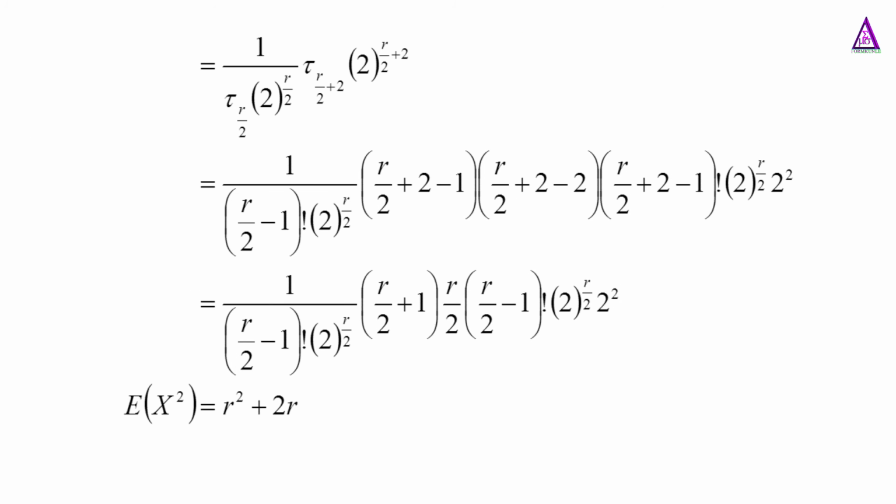Everything inside the integral here gives us this, and we need to expand it in the form of factorial, and that's the reason why we have obtained this equation. After we solve all the equation, we obtain this equation.